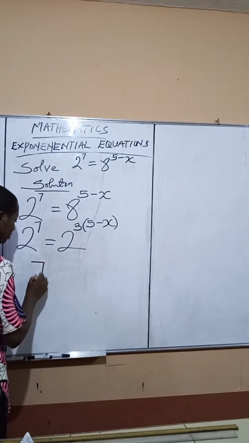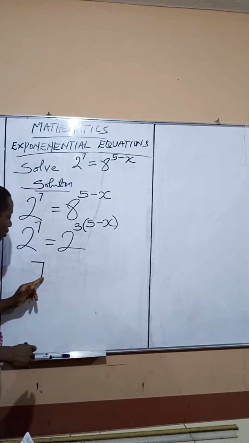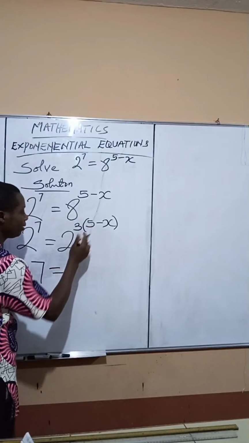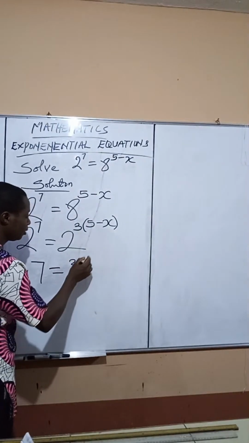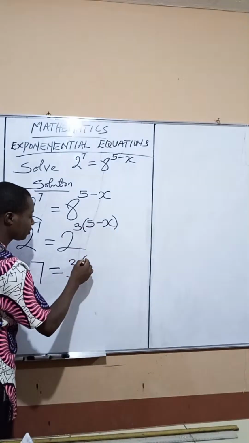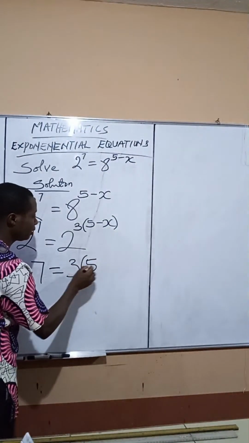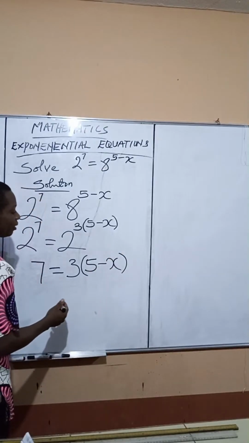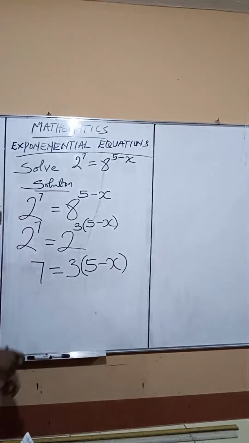That will give us 7 at the left-hand side equals 3 open bracket 5 minus x, then we close the brackets.